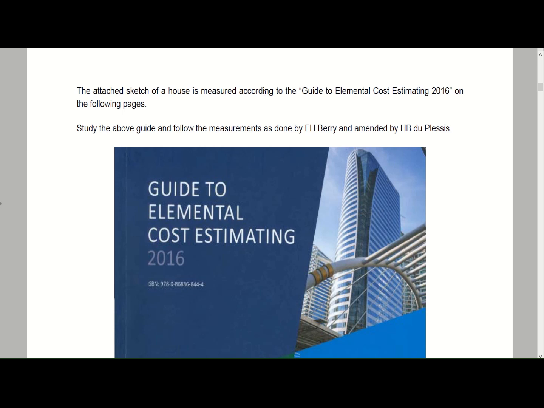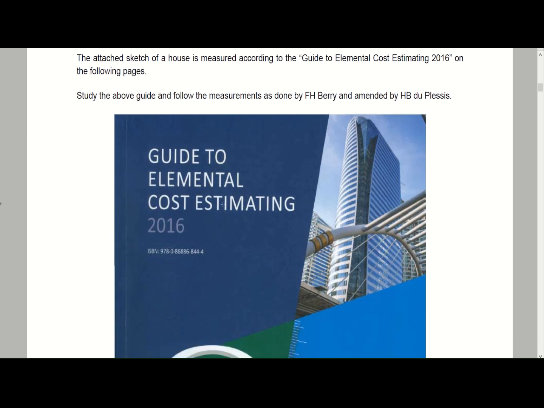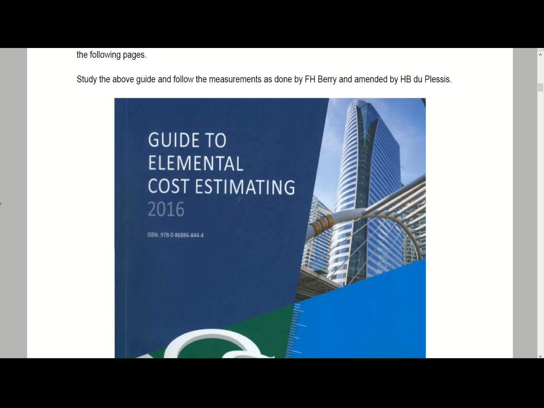As I mentioned, it's just a guide, although what I've done is share a document with you which is freely available on the internet, which is exactly the same as the elemental estimation, just published by the Association of African Quantity Surveyors.